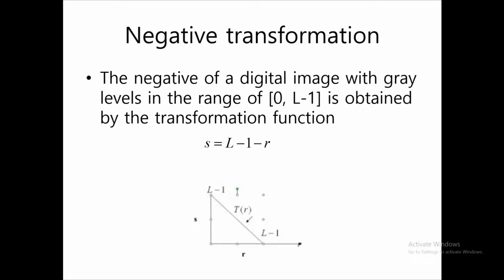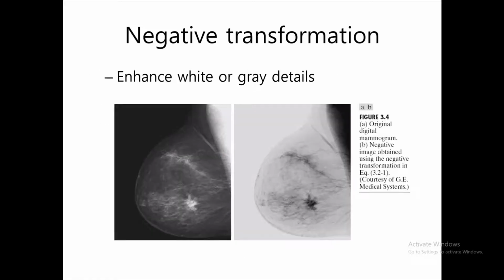Like we can see here, zero intensity level is converted to L-1, and L-1 in the input R is transformed to 0, and as a result we obtain the negative plot graph. This is the negative. Here we have the input image and we get the negative of this image.